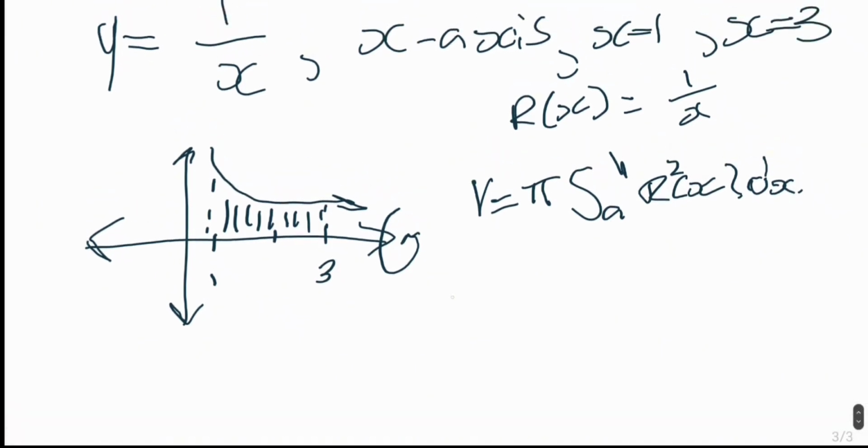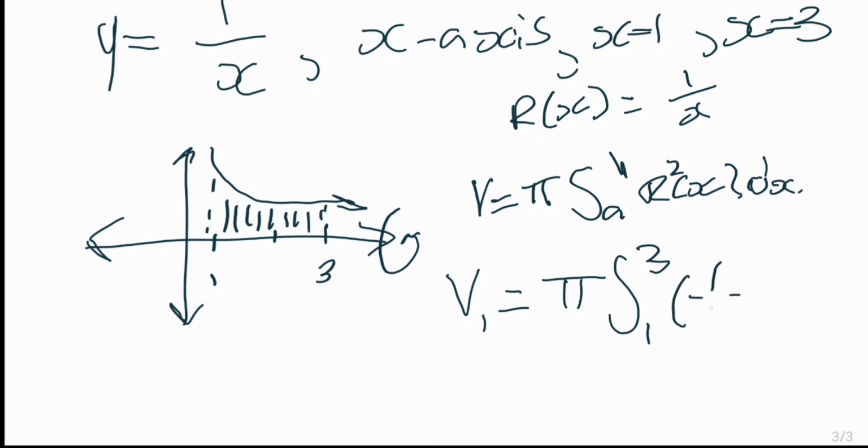It's pretty simple, guys. V1. So this is going to equal pi integral 1 to 3. R of x is going to be 1 over x. So 1 over x squared dx. Okay?